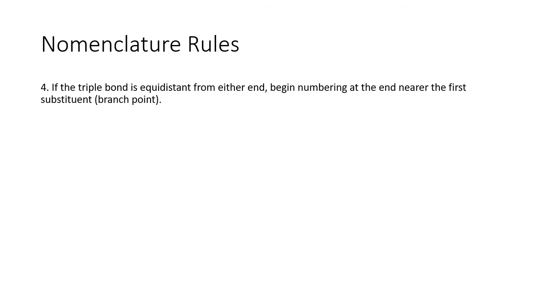If the triple bond is equidistant from either end, begin numbering the molecule at the end nearer the first branch point or first substituent. So if we have this for an example, if we count from the left or from the right in our numbering, we are going to have 4 as the number for our triple bond.